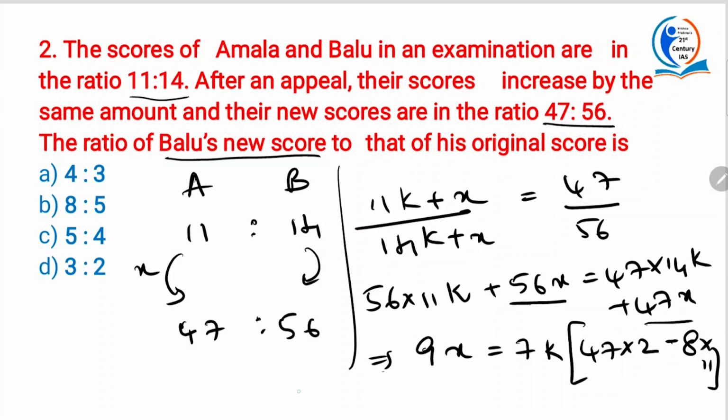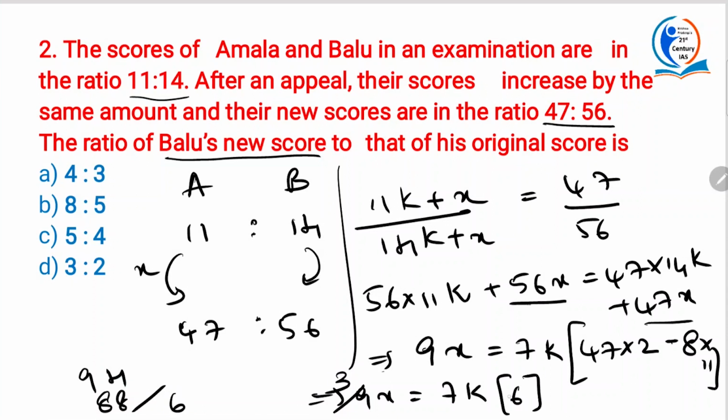So here you will get 9x is equal to 7k into, 47 2s is how much? 94, and 8 into 11 is 88. So how much will you get? 6. So 6. 3 3s are 9, 3 2s are 6. Now what is the value of x in terms of k? It is x is equal to 14k by 3.